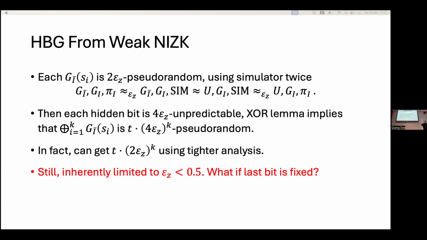Then no matter how many times you take the XOR, you don't improve unpredictability at all. If I take the XOR of several weakly pseudorandom strings, but the last bit is always fixed, then I don't improve unpredictability at all. So this approach is inherently limited to the case where epsilon z is at most half.